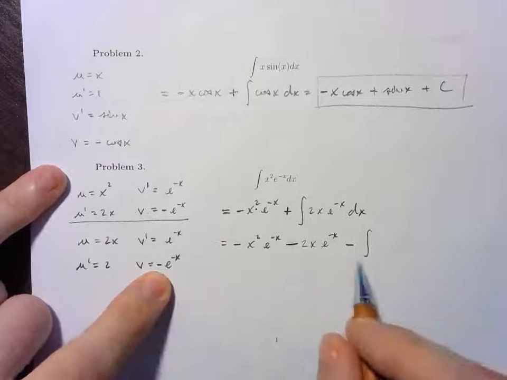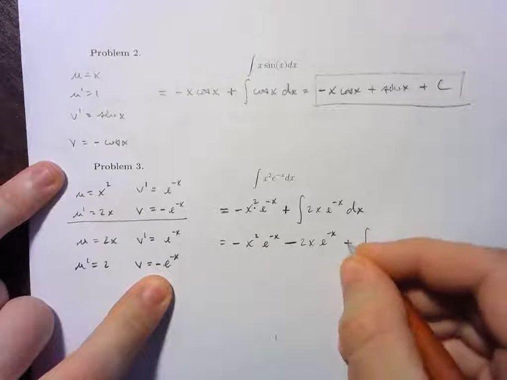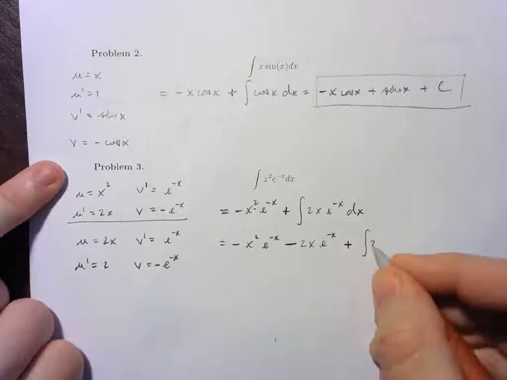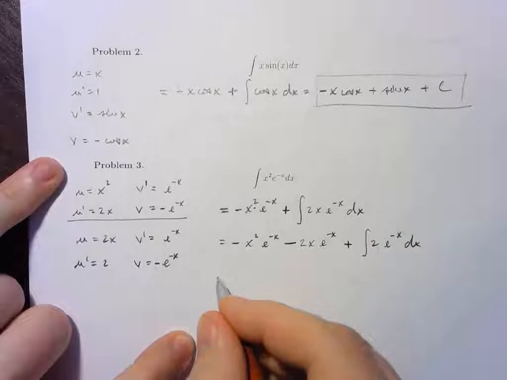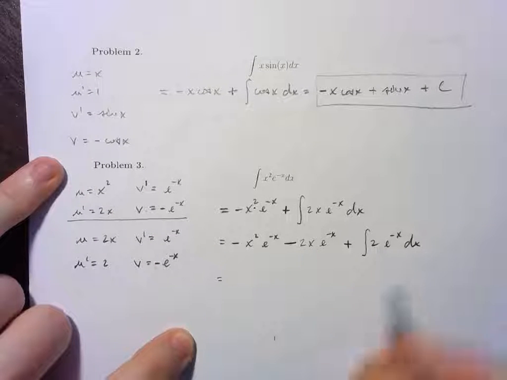And since this is negative and I have a minus sign there, I'll make this a plus integral of 2 e to the negative x with respect to x. And now we can finally integrate that last piece.